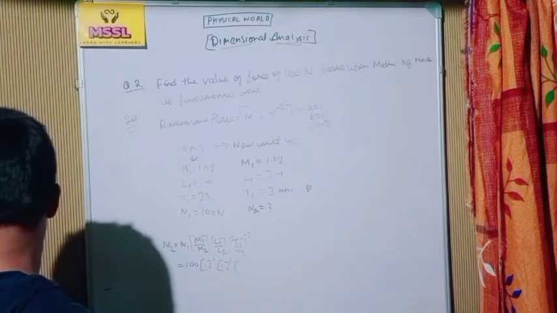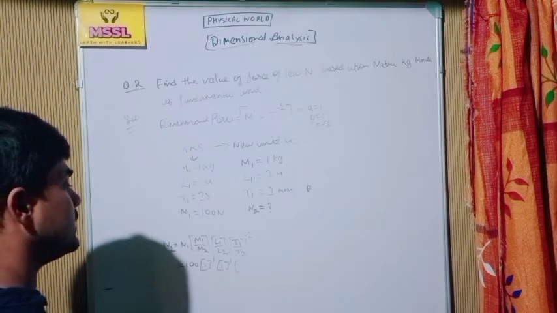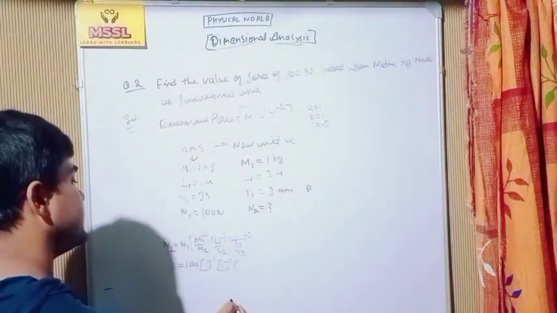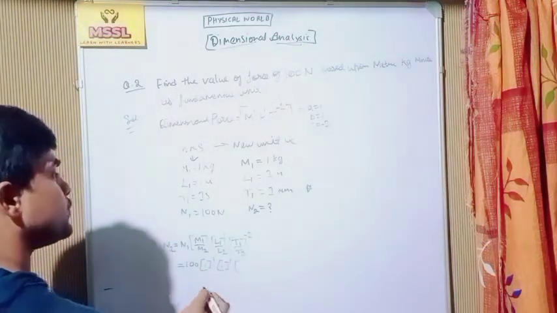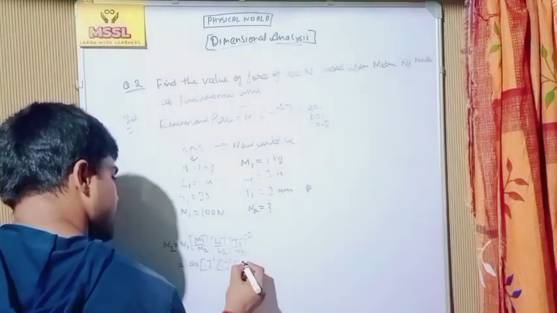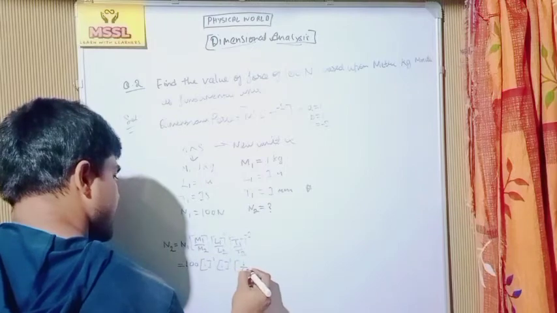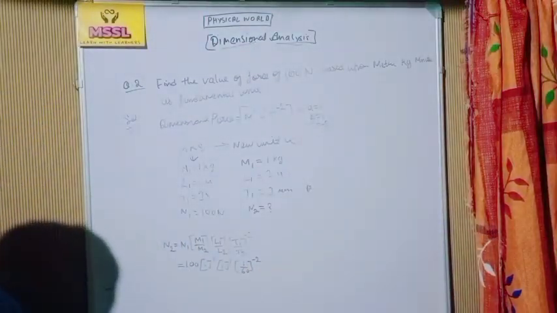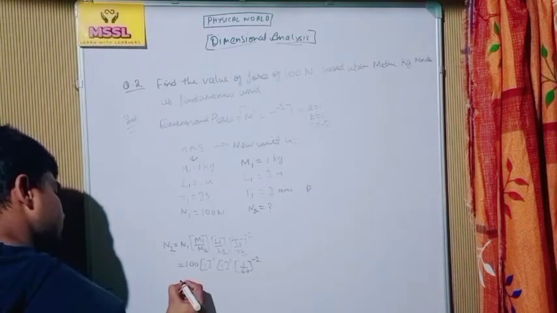Now T1 by T2. T1 is a second, so that is 1 by 60, and the power is minus 2. Let's calculate this further.